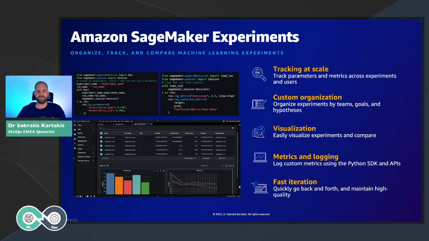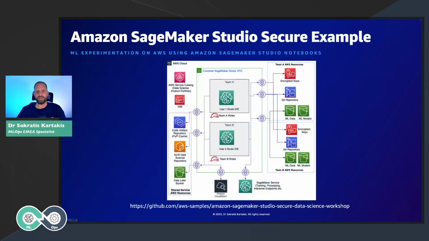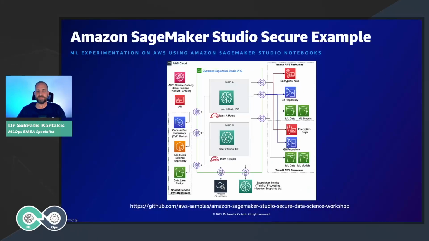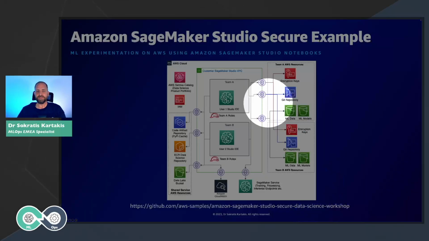But enough with experimentation. Let's move on a little bit to see how we can implement such a secure environment. In this slide, I shared with you one of the artifacts that I share with most of my customers on how to create a secure SageMaker Studio environment. This example that you can see at the bottom of the slide contains the code that tells you how to set up the Studio domain and how to set up the different VPC endpoints.